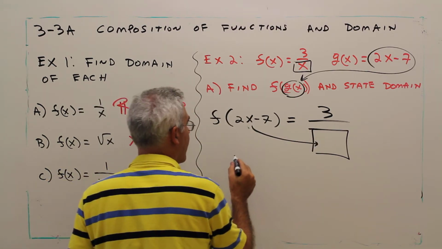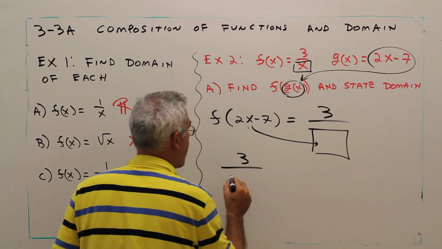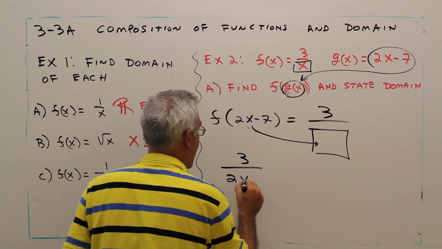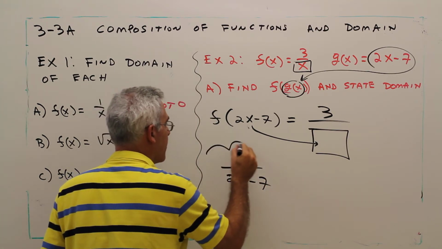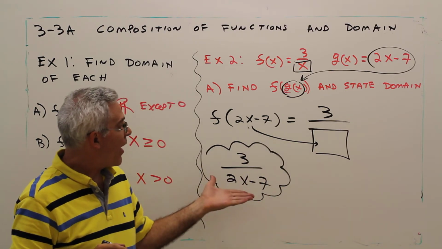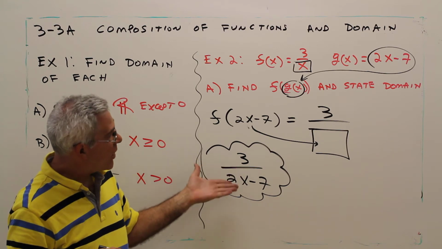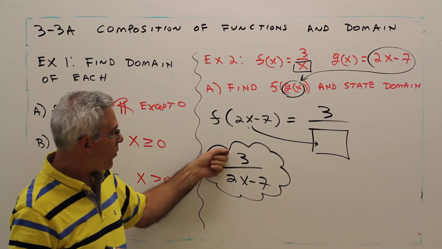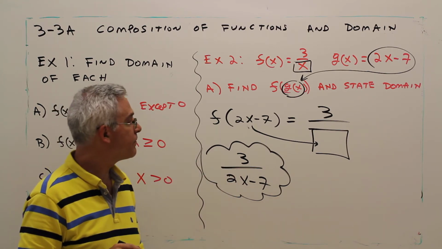So I'm going to write it as 3 over 2x minus 7. And that's my answer. That is f of g of x, 3 over 2x minus 7.